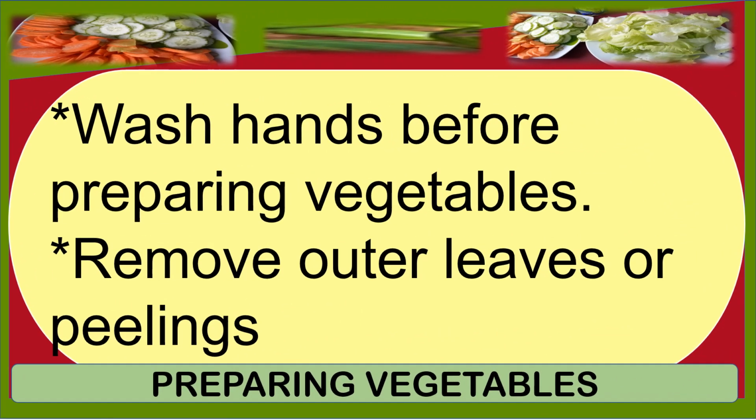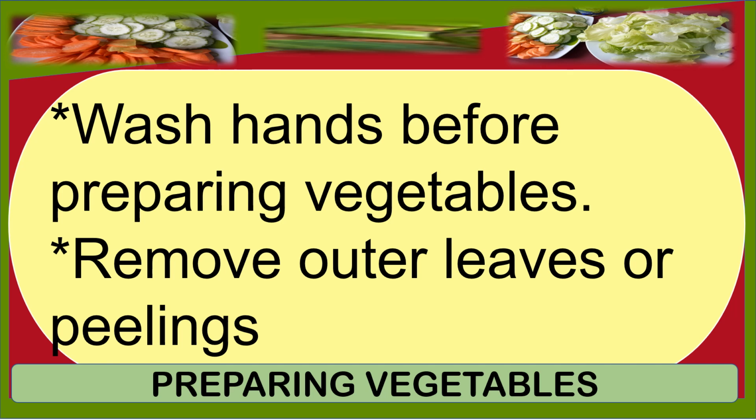Okay, let's proceed to preparing vegetables. Of course, in preparing the vegetables, this is what we're going to do. The first one, we have to wash hands, of course, before preparing vegetables.